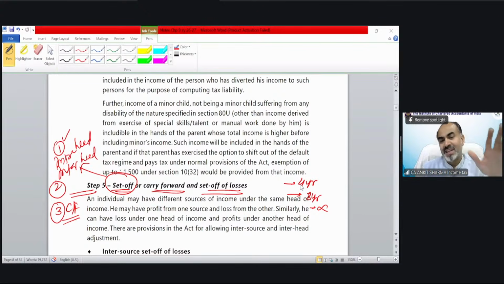Suppose my business income has been given in the question, we have calculated, and my PGBP income is suppose 20 lakh rupees. Now the question says there is a loss for previous year 16-17 of 3 lakh. So I know that the 16-17 loss of 3 lakh for a normal business cannot be set off in my 26-27 profit because 8 years have already passed.